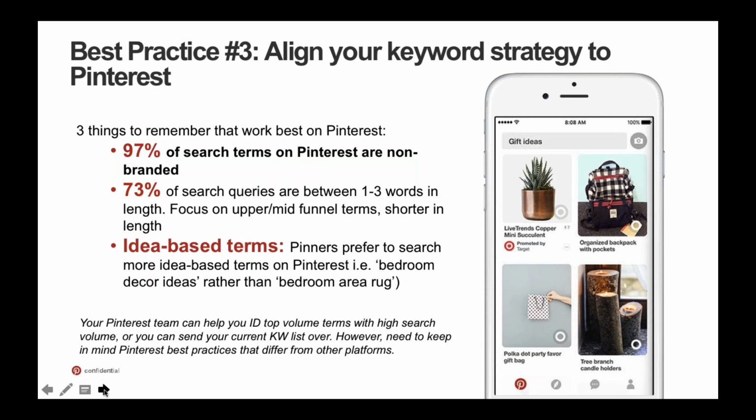And then lastly, we definitely recommend idea-based terms. If you don't have a single keyword that contains idea, you're missing out on a pretty significant chunk of volume because pinners love ideas and they love saving ideas, and that's something that they're looking for. They're looking to be inspired.